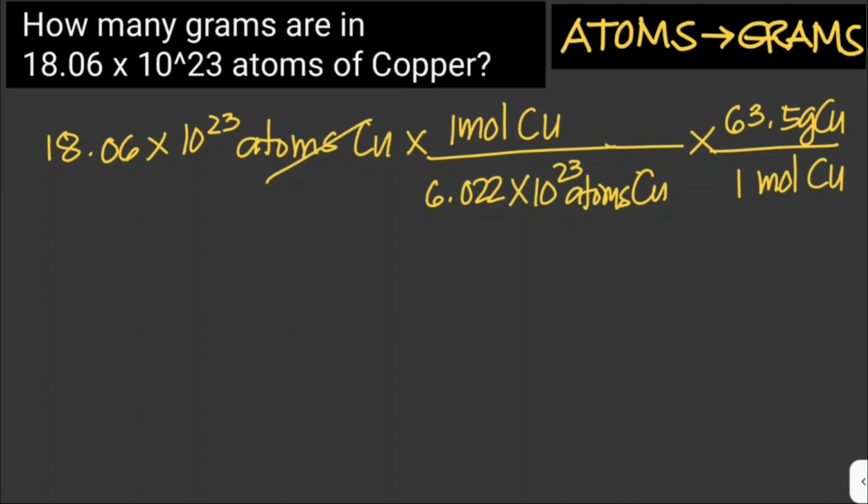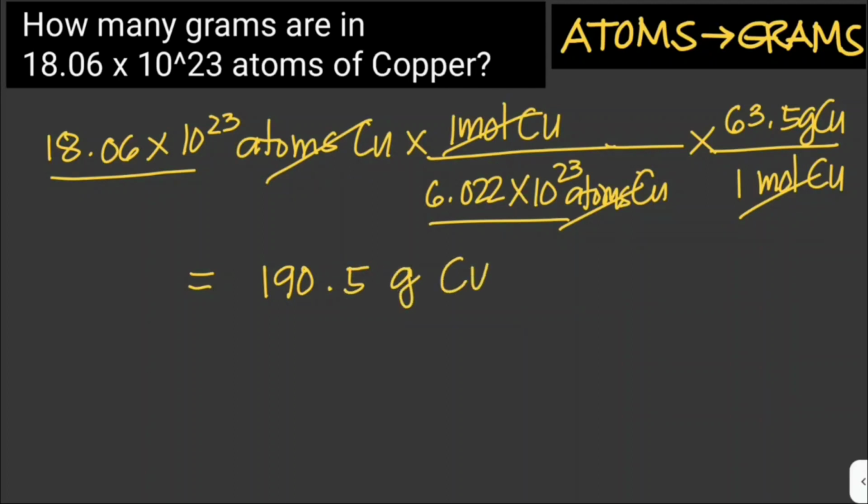So atoms here cancel out as well as the number of moles. So our answer would be, we just divide this one by this and then multiply it by 63.5. So we get 190.5 grams of copper.